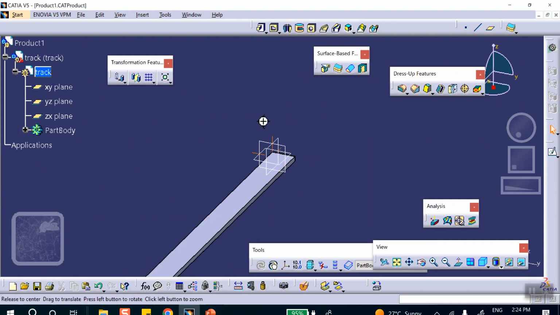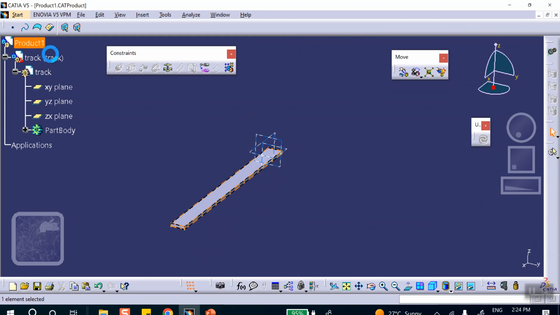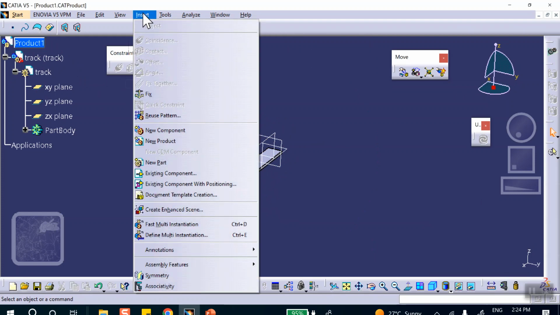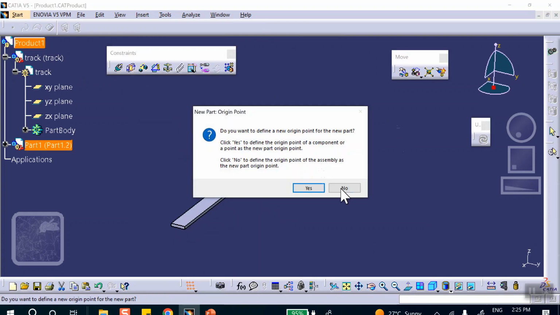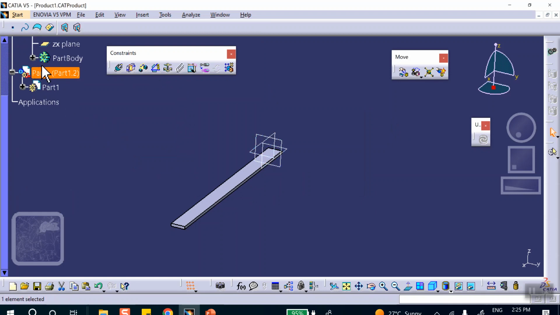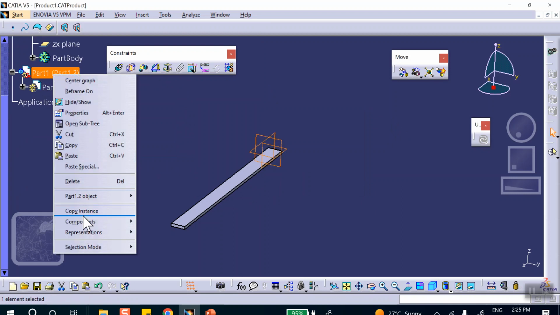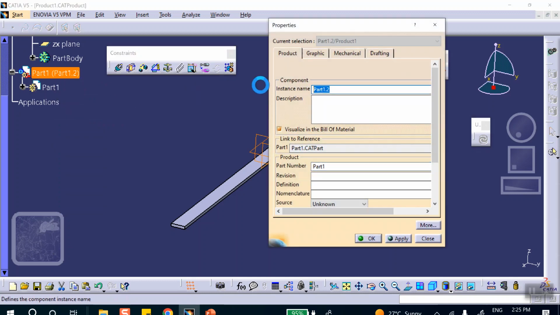Good. Then I'm going to insert my block. So insert a new part in there, and I'm going to call this block. Block and block.